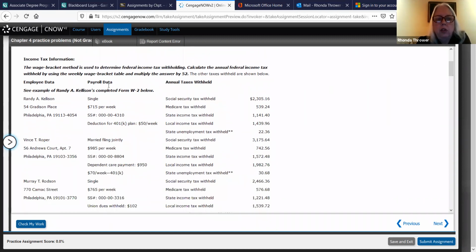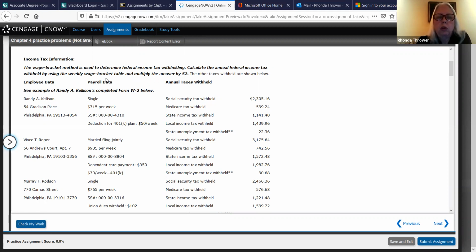They've also given you some very important information here about how they calculated the federal income tax withholding. They're using the wage bracket method, and what they want you to do is to calculate the annual federal income tax withheld by using the weekly wage bracket table and multiply your answer by 52.